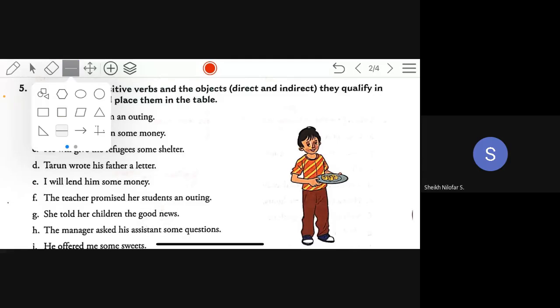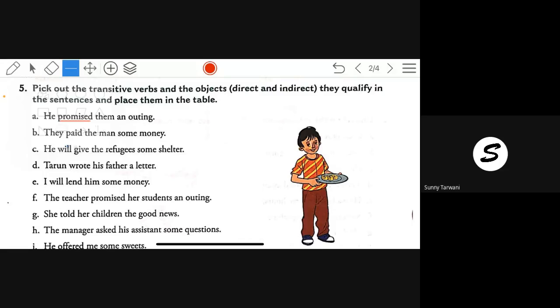Objects are them and outing. Them is indirect and outing is direct object. He promised what? An outing. Whom did he promise? He promised them. So an outing is the direct object. Them is the indirect object. Okay. This way you will write, in the tabular form as I have shown you.